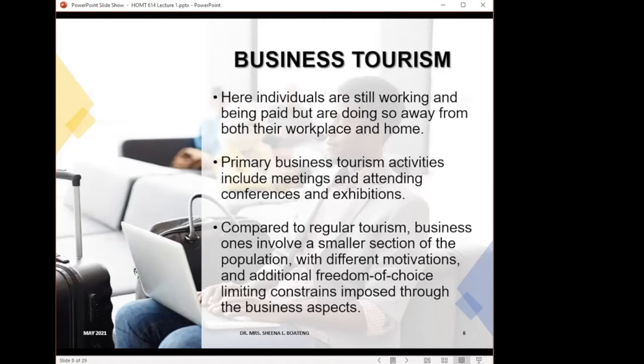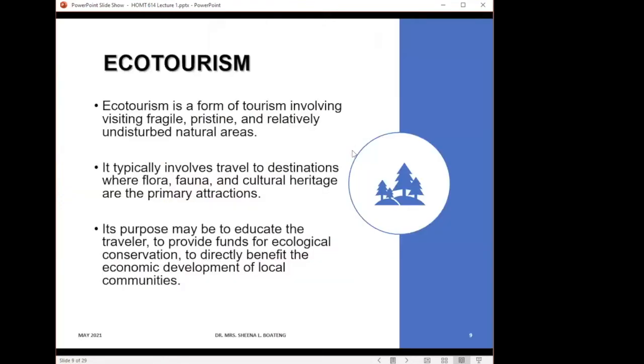Yeah. So that is why business tourism is being discussed as the first popular type of tourism, because it's a favorite for a lot of institutions within the hospitality and tourism sector, right? Then we can also talk about ecotourism, which is currently becoming very popular among a lot of Ghanaians.